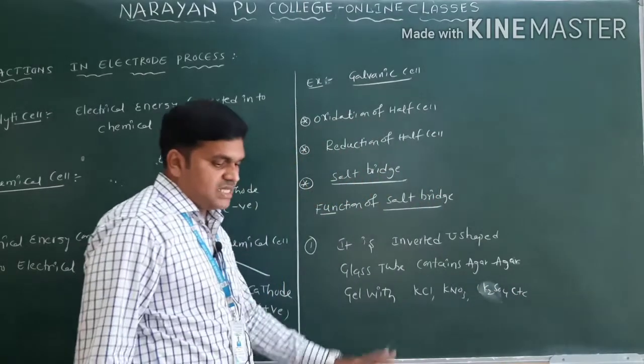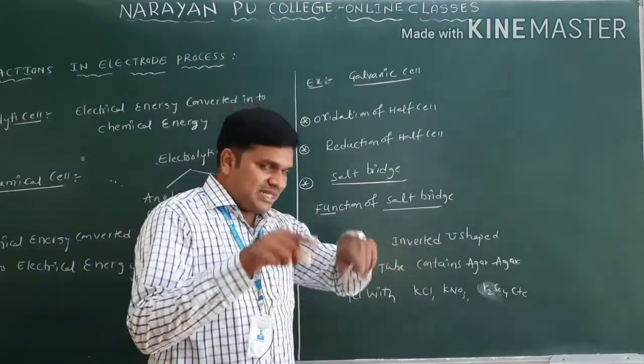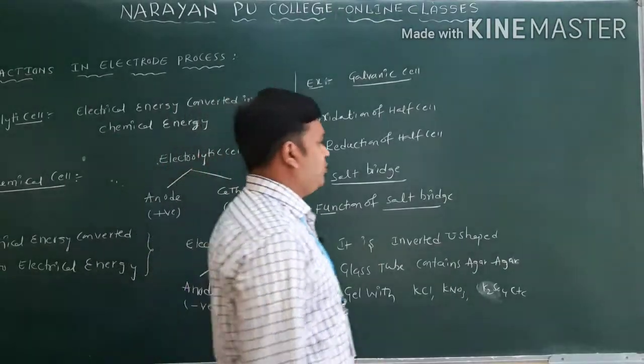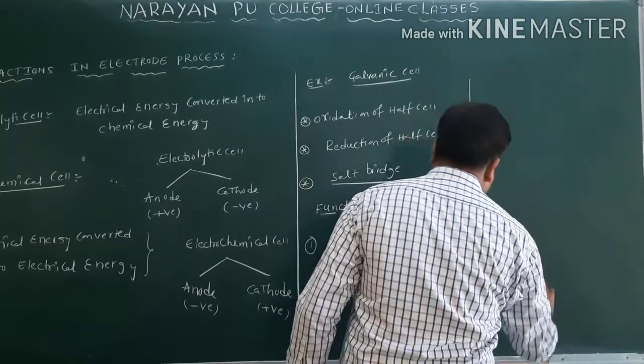So these are present inside the U-shaped glass tube: agar gel and potassium chloride, potassium nitrate, potassium sulfate.